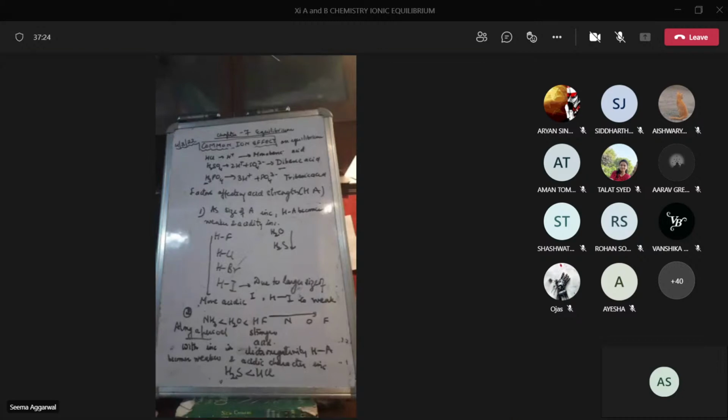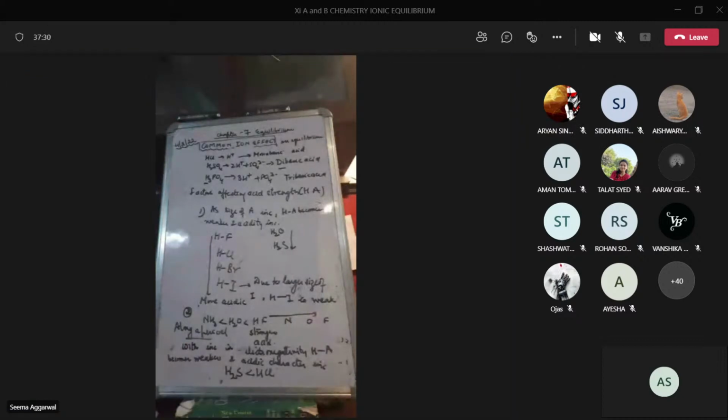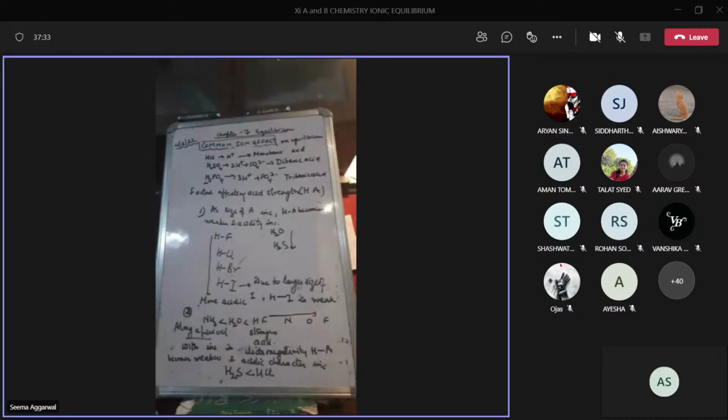Yes. Which topic? Hydrolysis of salts and the pH. The complete topic, topic number 7.11.9 of the NCERT, has been deleted.